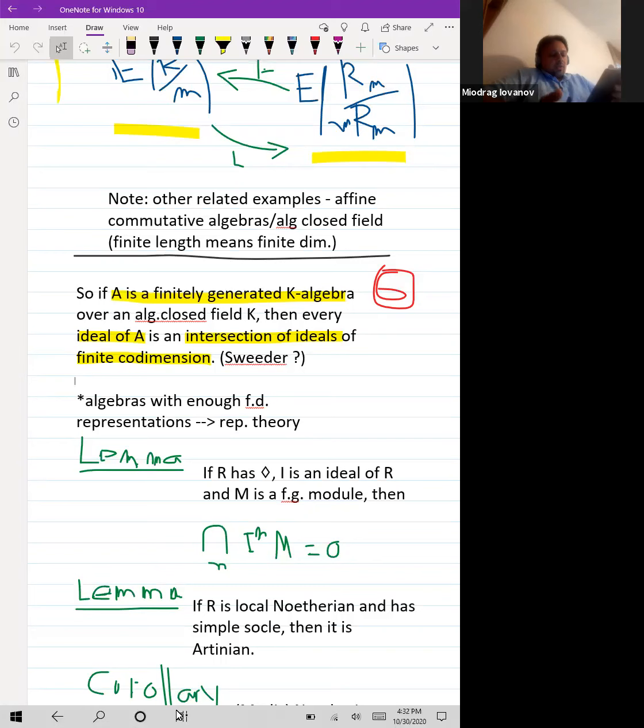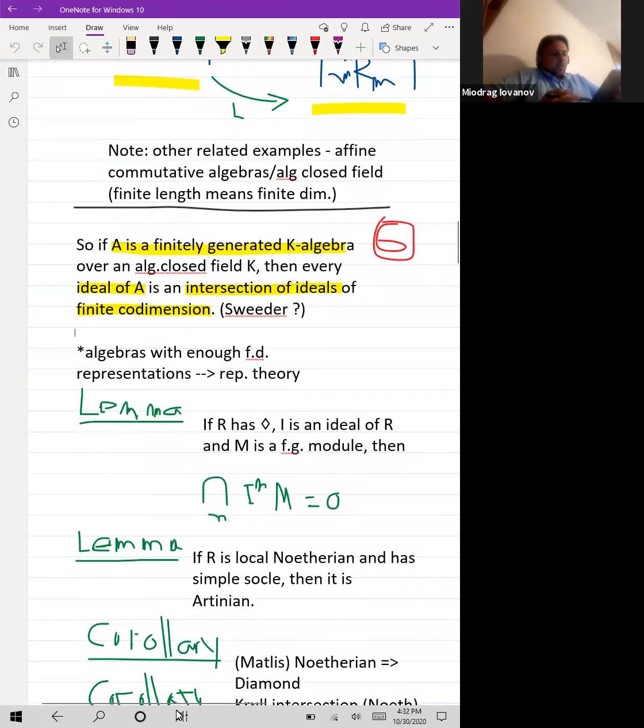Nevertheless, the reason why this is interesting is because, as I said, in the world of representation theory, if you have an algebra and you want to study its finite dimensional representations, sometimes you need to complete that category with respect to inductive limits, because then it's like quasi-coherent sheaves. Once you complete them, you're going to start having enough injective objects.